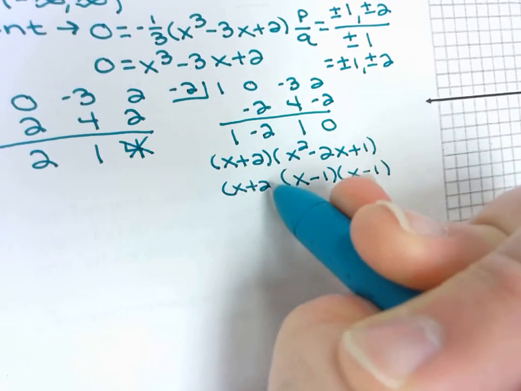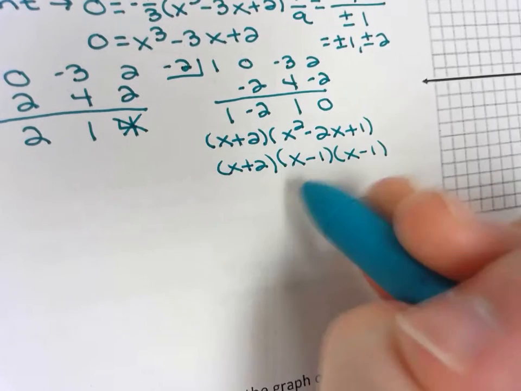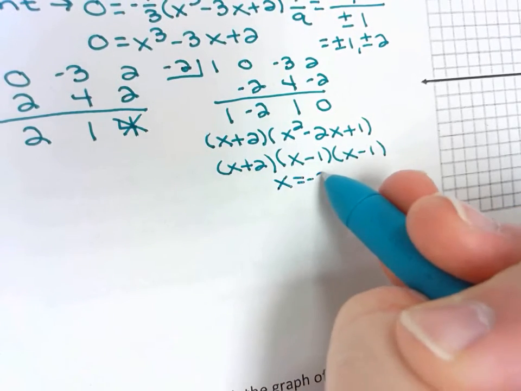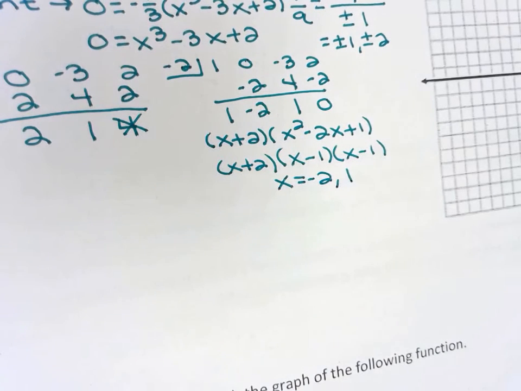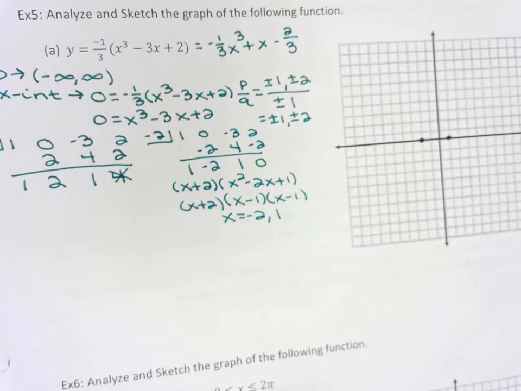So sometimes when you do synthetic once and rewrite it, then you will be able to get to a point where you could factor it more. If I would have done the synthetic division with 1, it would have worked out too. You just find them. So my x-intercepts or roots, which are the same thing, are at negative 2 and 1. So that was annoying, but I wanted to do one with you where it had the rational root theorem in it.